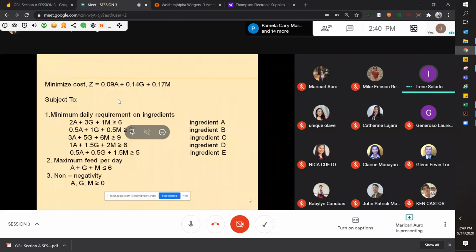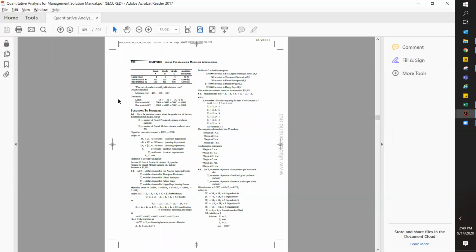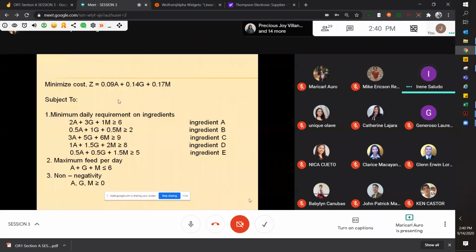Yep. So, yan yung mga cost per pound. Tama po ba? Cost per pound. Yung 0.09, 0.14, 0.17. So, what if I provided you a kilo in kilo? Tapos, ang gusto ko ay, halimbawa, 0.09 dollars per kilo.